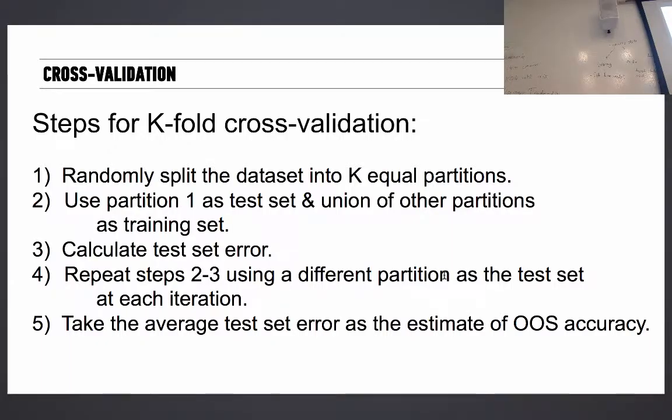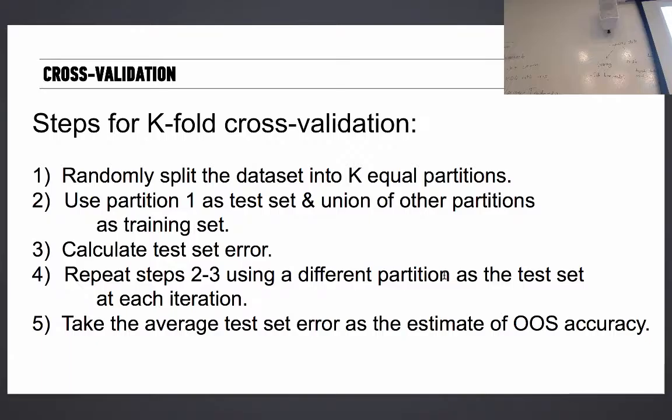If it were 5, we would split it into 5 equal partitions of 30 each. With the data split into k partitions, use partition 1 as the test, and all of the rest of them as training. So if we did it with Iris, with a cross-validation of 5, we would split it up into 5 equal partitions, each of them with 30.